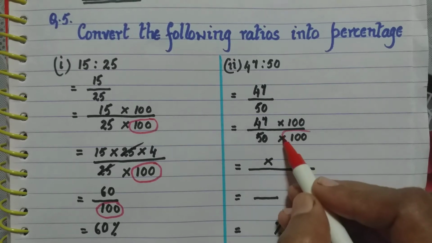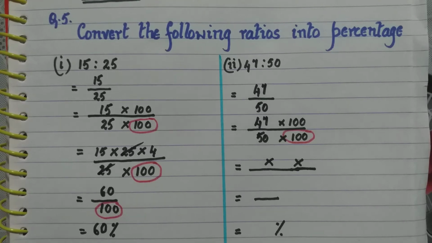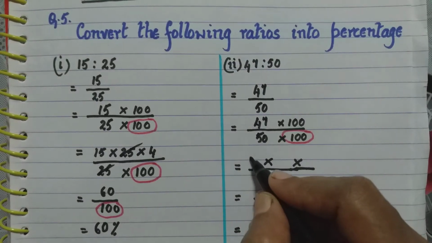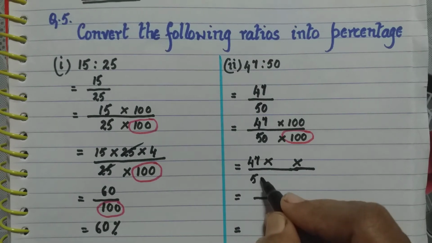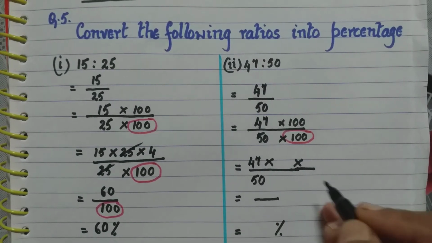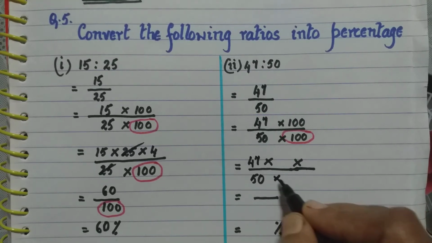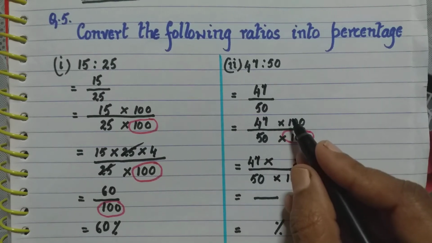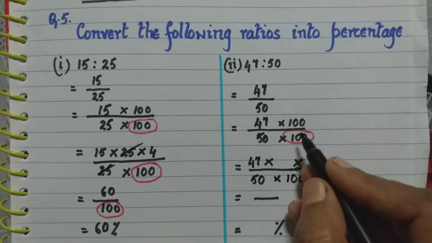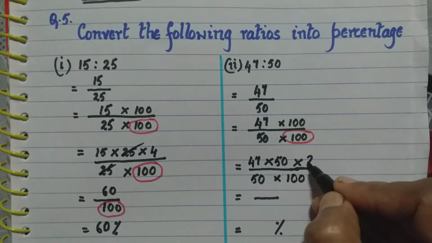This 100 which is in the denominator we don't have to touch, so we leave it as it is. So now what do we do? We write 47, 50 in the denominator is written as it is. Then this 100 we do not touch, so we write here into 100, and this 100 now is written as a multiple of 50, that is 50 into 2.